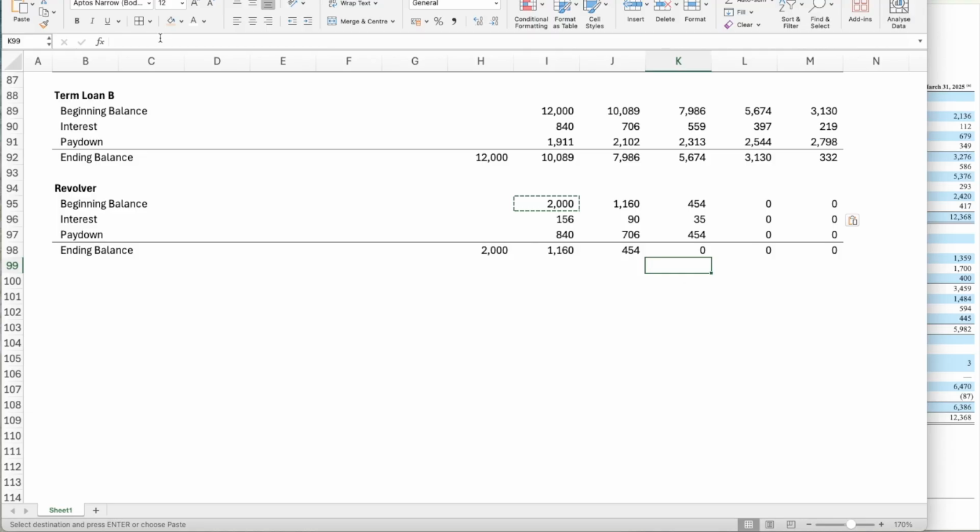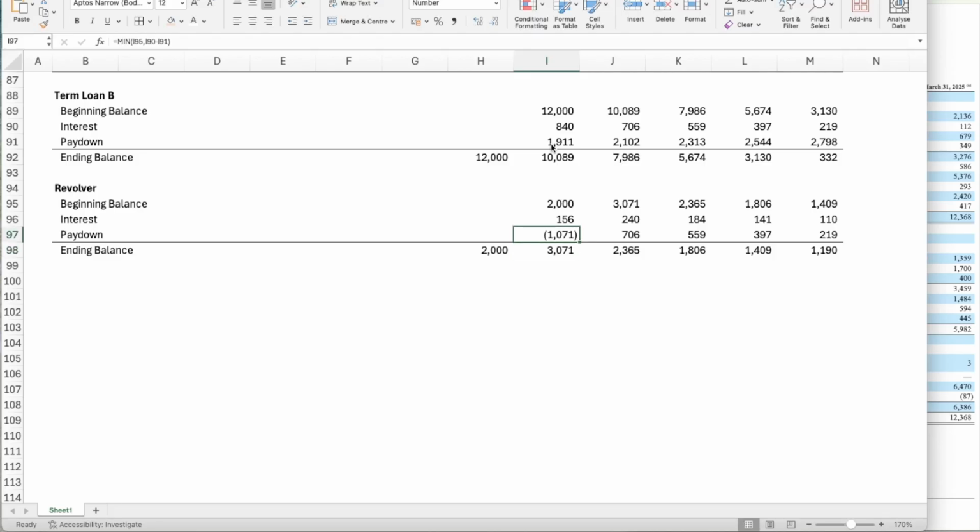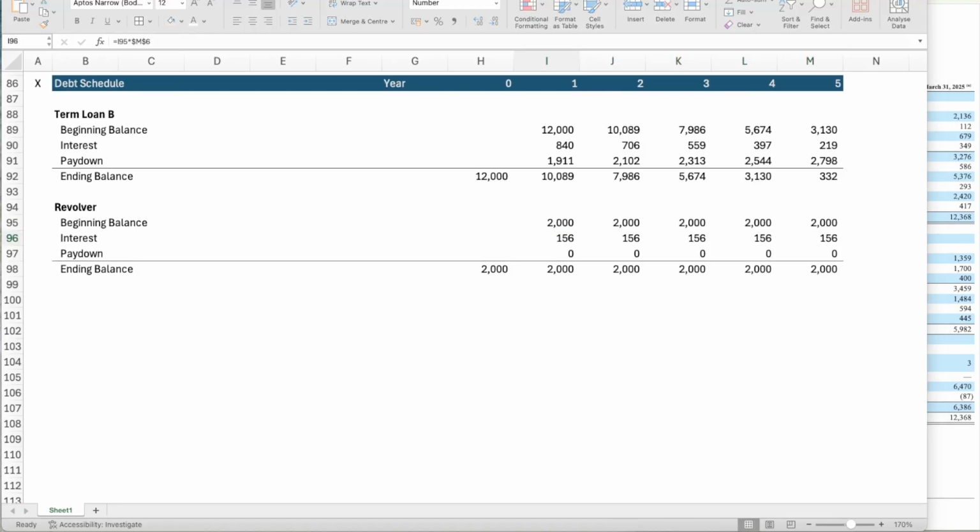Then it goes, and this needs to be MIN minus what we paid down before. Am I right? Let me just check that. Yeah, so we know the interest is M6.